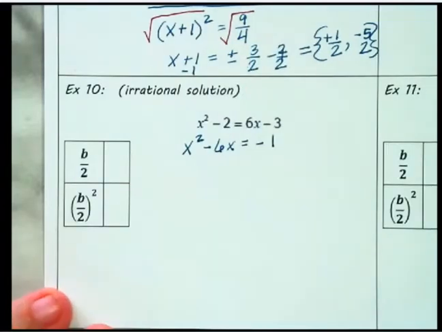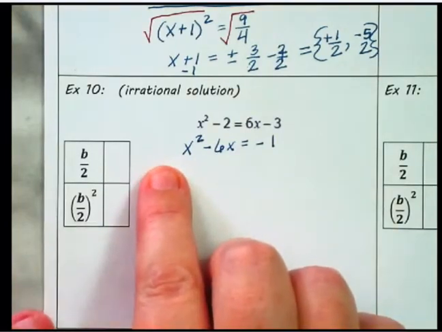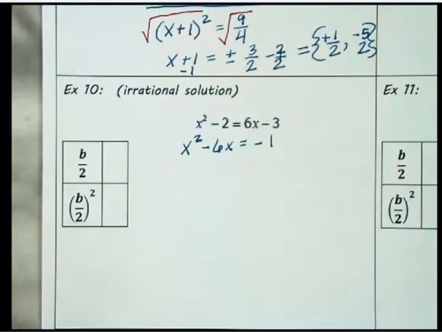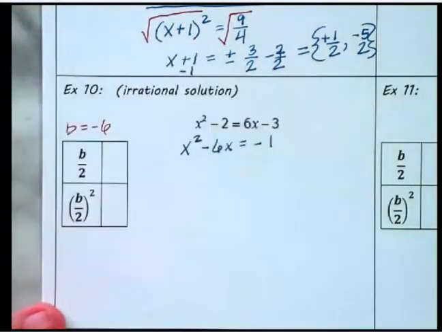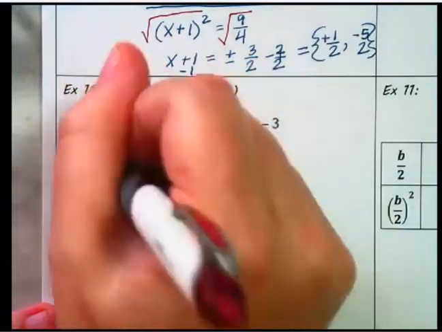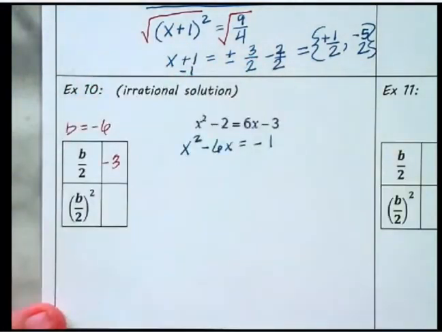Okay, so this is what I have. Now I'm going to take the b term. I don't have to divide by a this time. I'm going to take the b term, which is negative 6. And so I will get a negative 3 and I will get a positive 9.